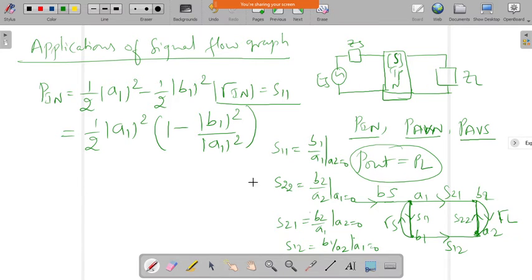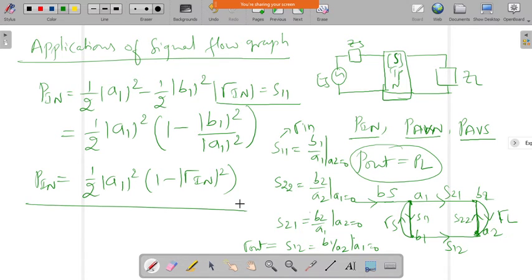These we have defined already. So this is your gamma in, the input reflection coefficient, and this is your gamma out, the output reflection coefficient. Replacing B1 by A1, we get A1 square into 1 minus gamma in square. This is the equation for input power.